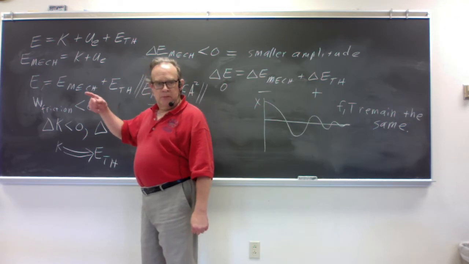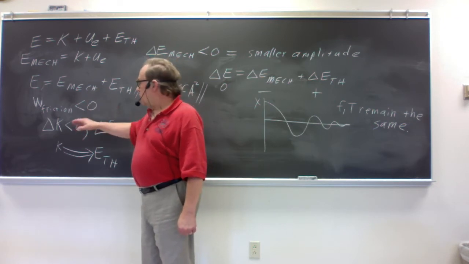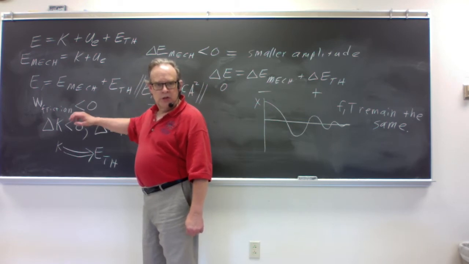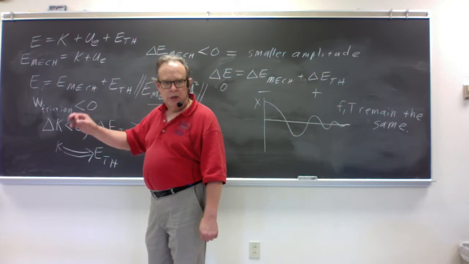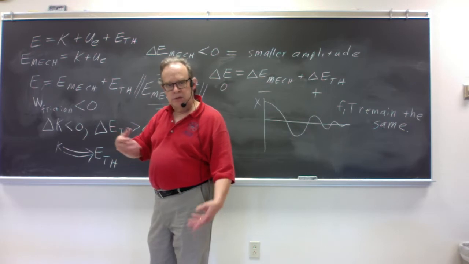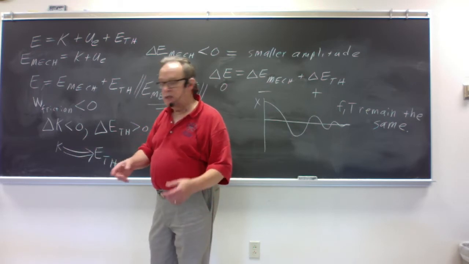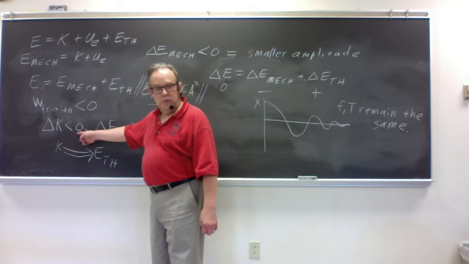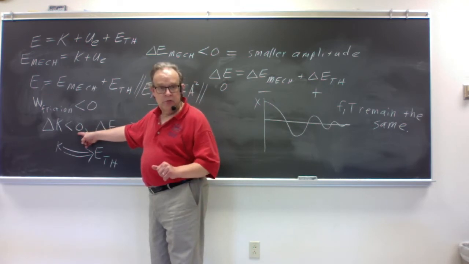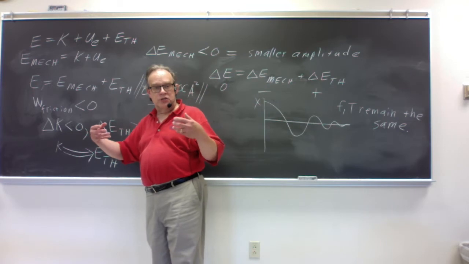Remember from the previous video, we saw that when work is done on a moving object by friction force, that work is negative. That means energy is taken away. Specifically, kinetic energy is taken away from the object that has negative work done on it by friction. But of course, that energy doesn't just disappear.